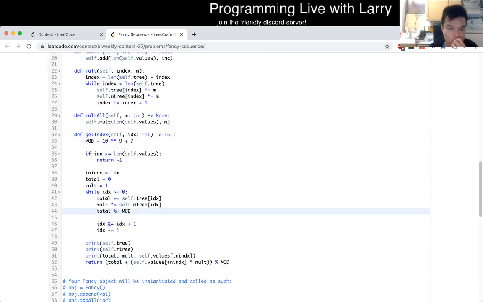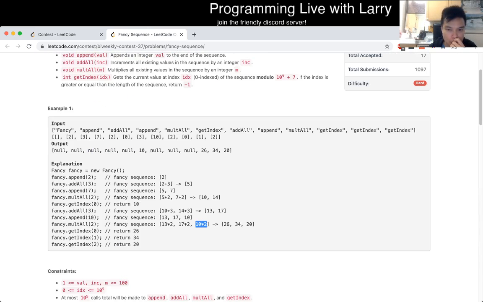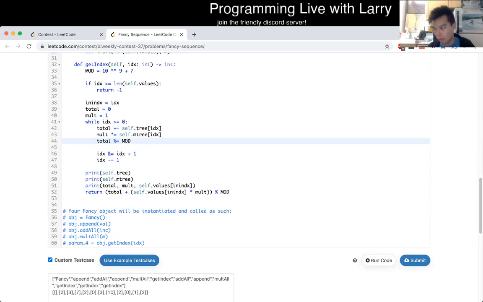Okay, actually. Do I want the suffix product?